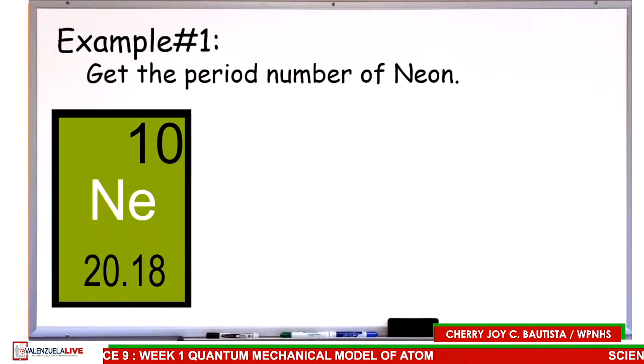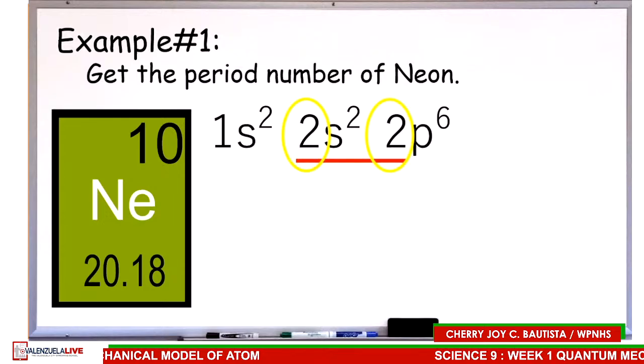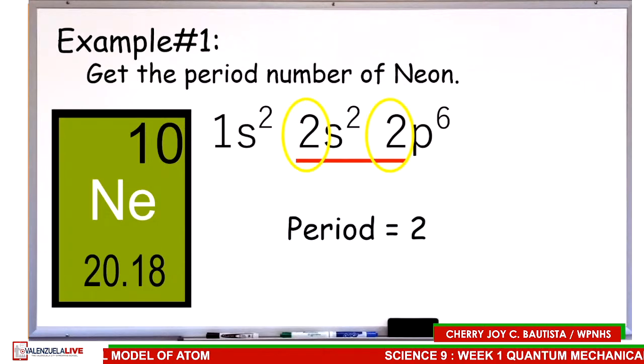For example, neon has an electron configuration of 1s2, 2s2, 2p6. The maximum value of n is 2. Therefore, neon is in period 2. You can check the periodic table if that is correct.